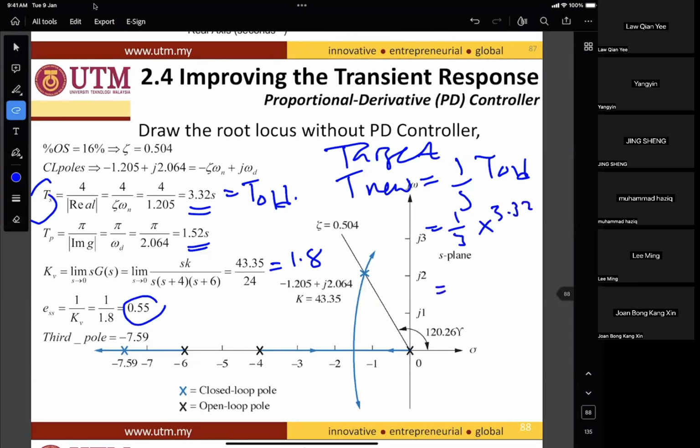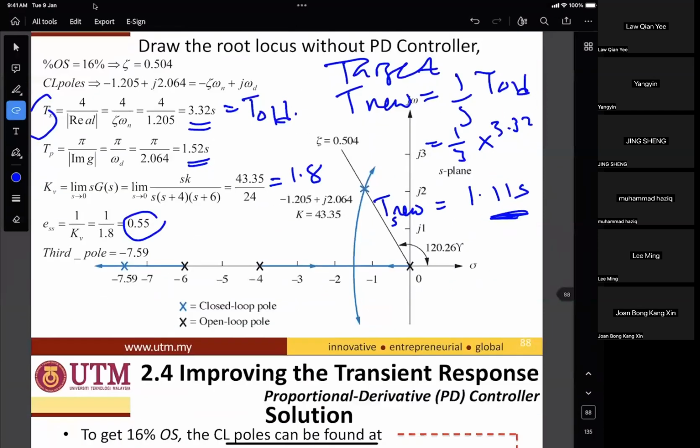Miss Tang, 1 over 3 multiplied by 3.32. 1.11. Yes, 1.11 seconds. So this is the new desired settling time. Now we have to design the PD controller so that the new settling time will be 1.11. We don't want 3.32 anymore.